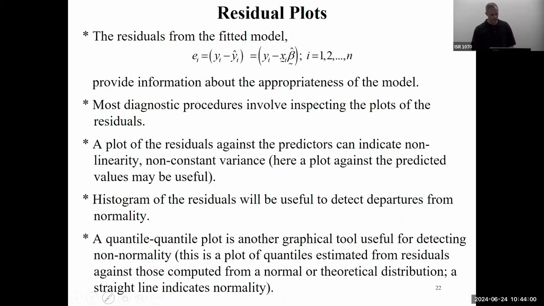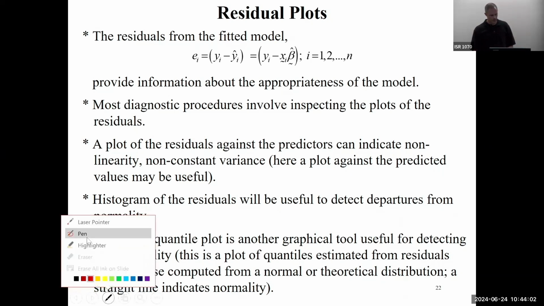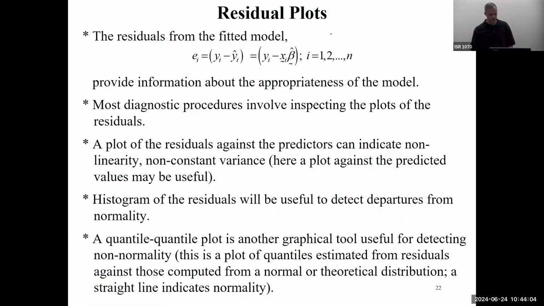So for example, if you had a relationship in the data that looked like this, where you have a predictor X and a dependent variable Y, and the relationship basically looked like an arch.